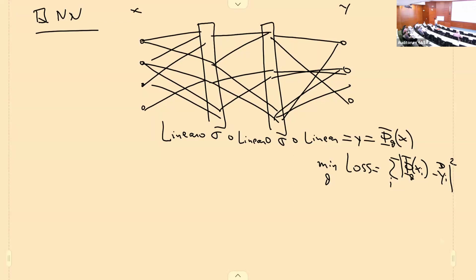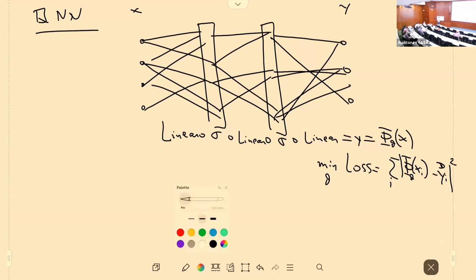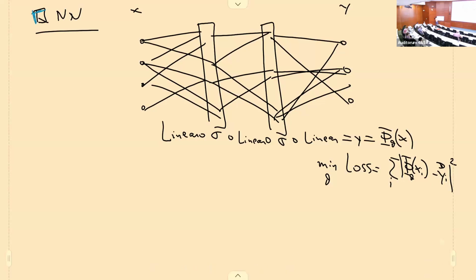So how do we do this in a quantum context? Of course, we have to change things a little bit. Here, X is my real data, and I need to encode my data, so I will have a layer. I use blue for the quantum part, and black is the classical part.